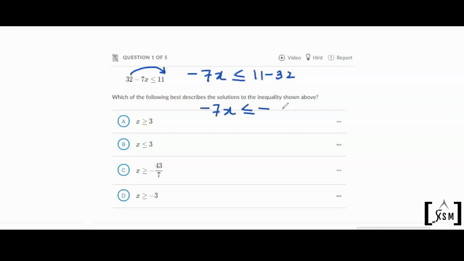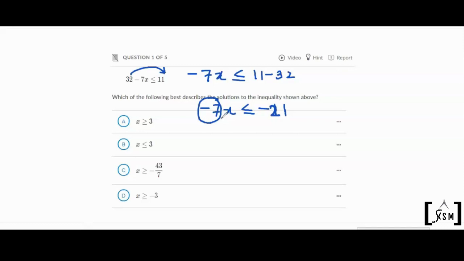Solving for x, guys, please understand, in an equation when we divide with negative sign, it's perfectly okay. But when we are solving an inequality and we are dividing or multiplying by a negative number, the inequality will change the direction. I am telling you a very important fact. In an inequality, when we are dividing or multiplying by a negative number, the inequality will change the sign.